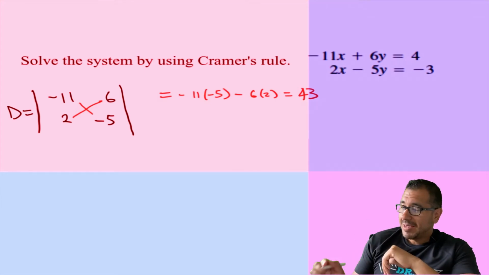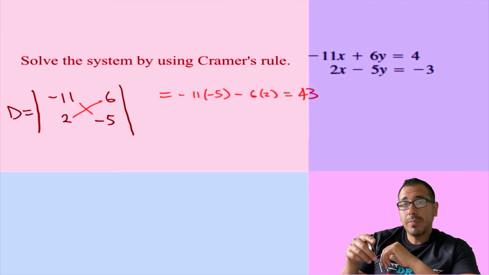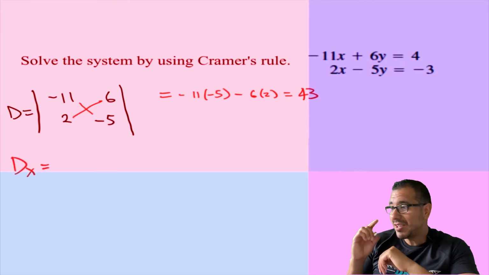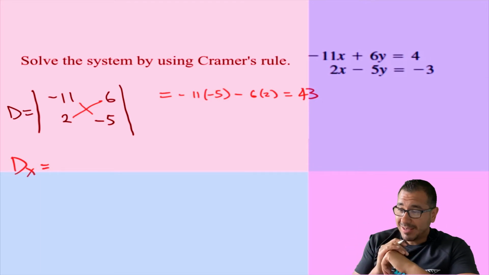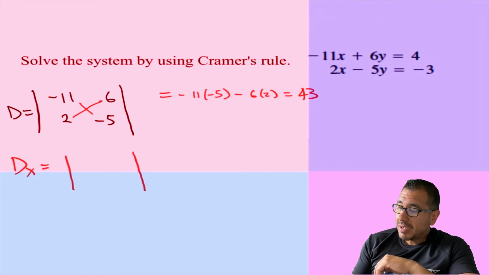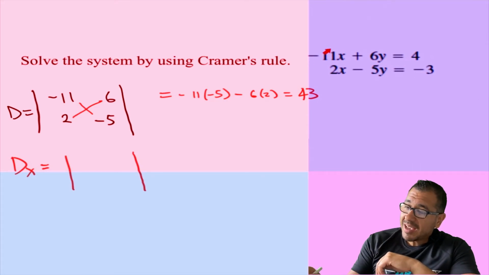All right, next step. Now we need to find Dx. Make sure you pay attention to this right here. What we do when we find the determinant here is replace these x coefficients with these constants right here. We're going to take this 4 and -3, and this column is going to replace this column.